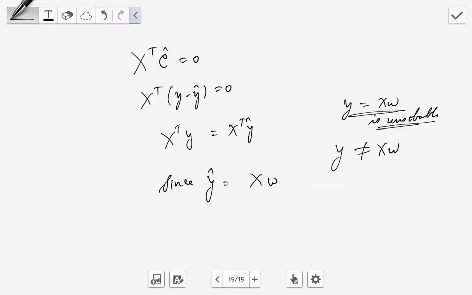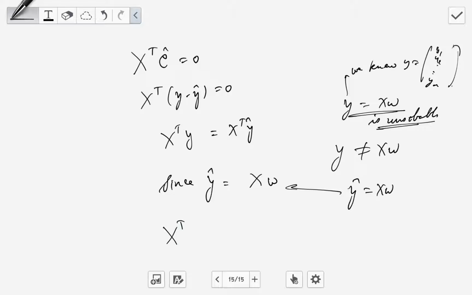Since y is equal to XW is unsolvable and we knew y, because y was y1, y2, so on up to yn, we had this. Since y was not equivalent to XW, you want some y cap is equal to XW. So X transpose y is equal to X transpose XW.